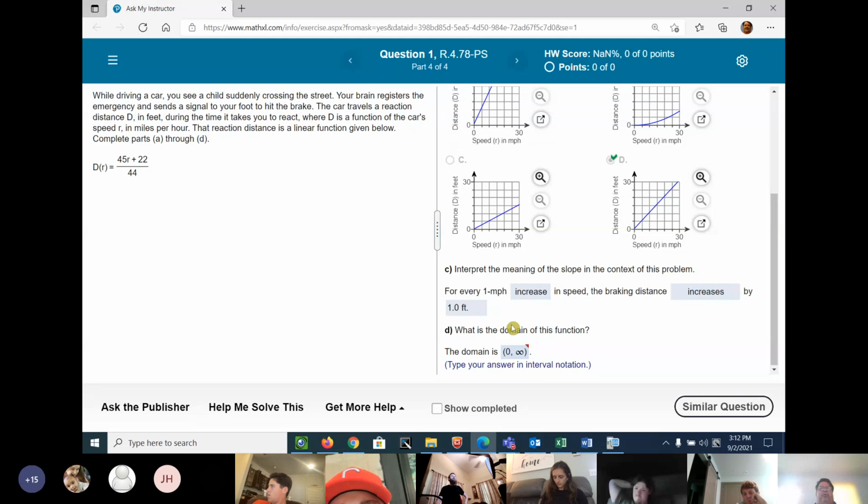But if you're at 0 miles per hour, do you have a reaction distance? No, and that's why they're putting a parenthesis on 0. I'm not going to worry about that as far as on a test question, but now you know to put a parenthesis on 0 versus a bracket. Okay? Next question.